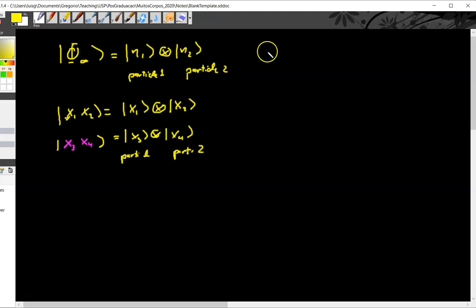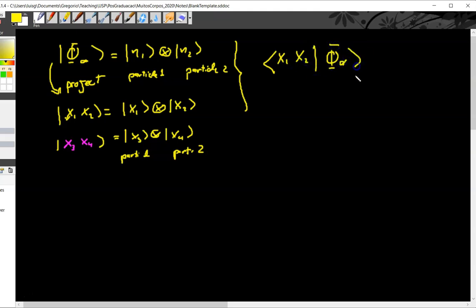All right, now what I want to calculate is to project this guy into these positions here. So this is what I want to calculate, right? And how do I do that? Well, I do something like this.